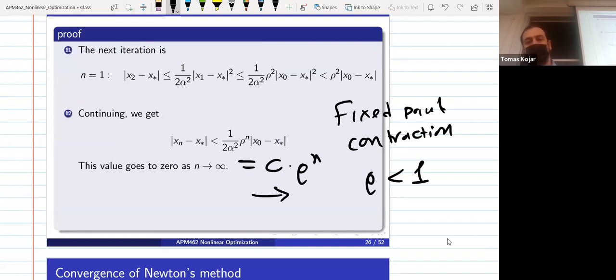And so as we talked about before, since it's less than 1, it goes to 0. Okay? And again, you see x0 shows up, the initial point. If x0 is bad, the convergence is bad. So this method doesn't always converge. That's very important.